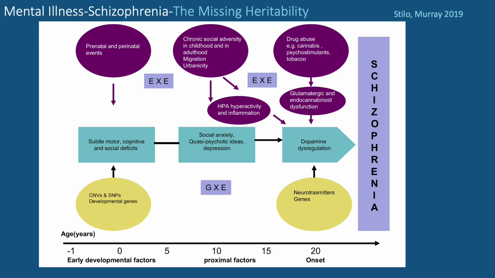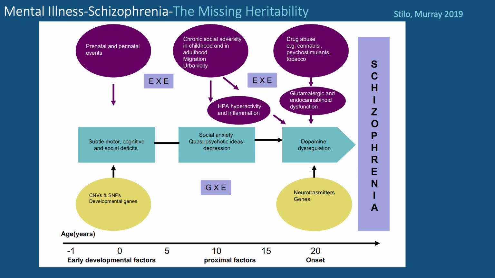At the same time, there are other environmental factors that can come into play. Drug abuse, for example, cannabis, use of psychostimulants, smoking. These environmental factors also by themselves have an impact on glutamatergic neurotransmission. Glutamate is an important neurotransmitter in the central nervous system, and they will also impact the function of the endocannabinoids in our system.